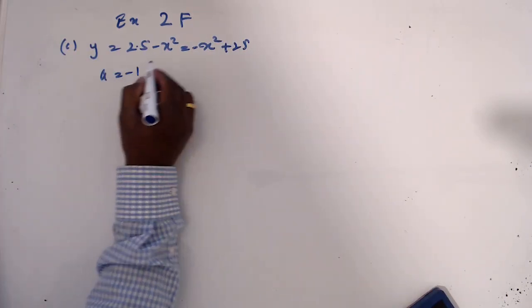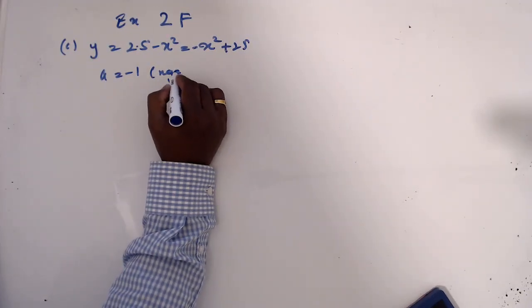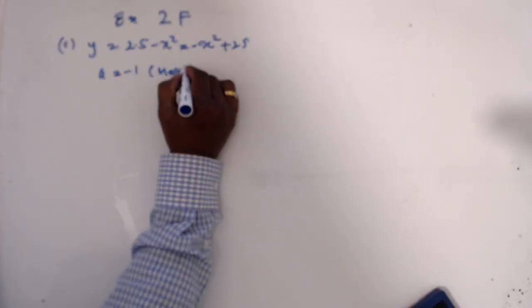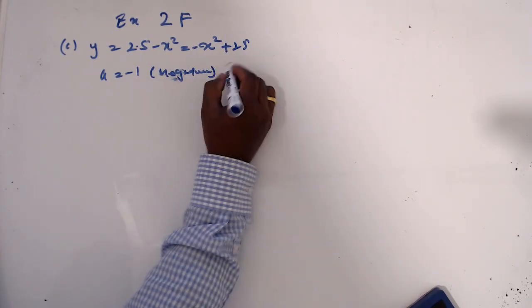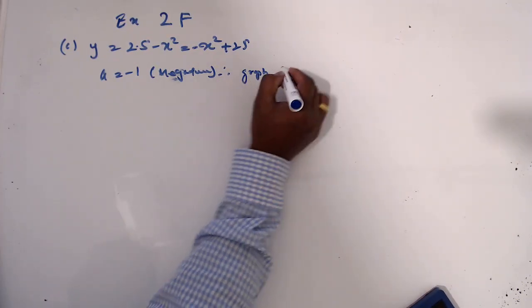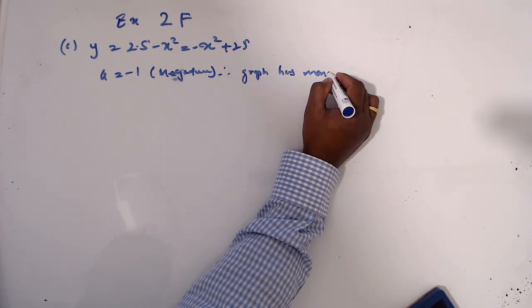a is minus 1, negative. Hence, the graph has a maximum.